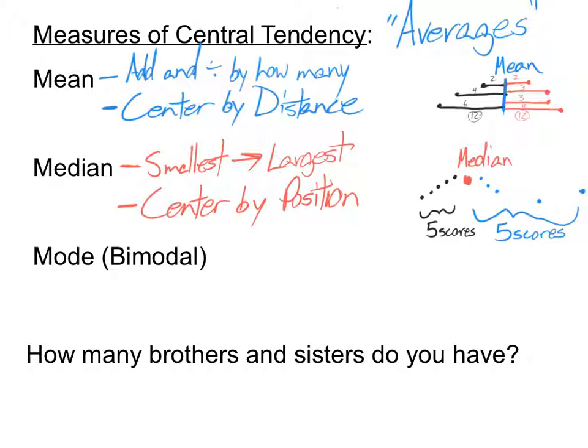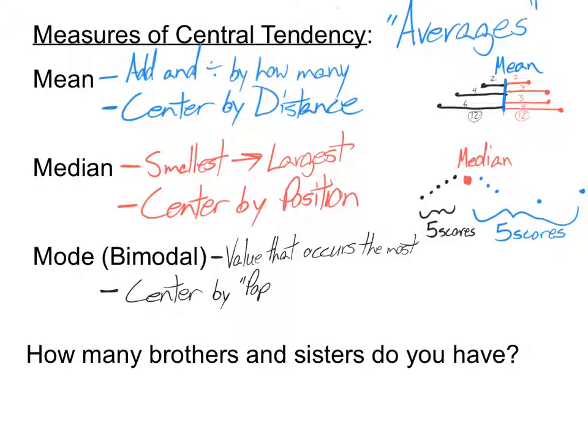So this is the value that occurs the most. Now, here, I'm using this term kind of loosely, just to see the center. Here, we're talking almost like the center by what we could call popularity.